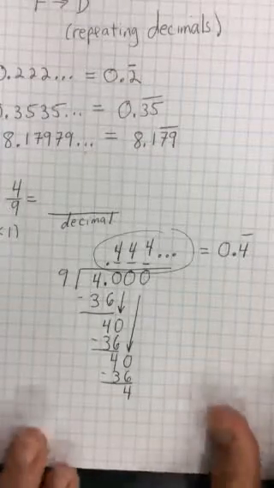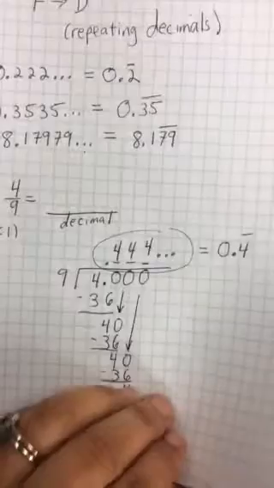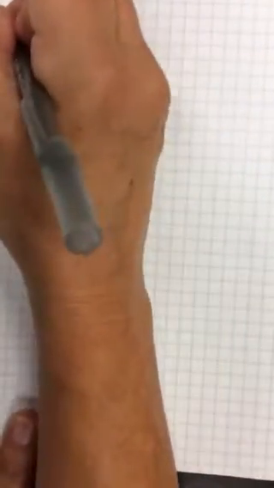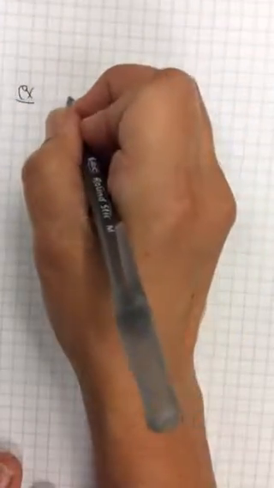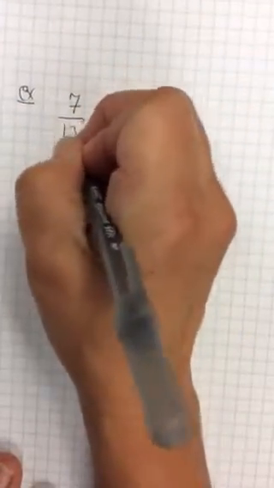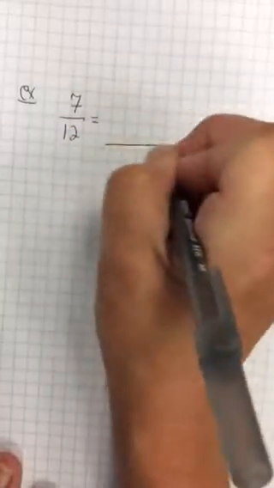Okay, let's do another one. Converting, let's try 4/15. So I'll call this another example. Actually, I'm going to change it. I'm going to use 7/12.